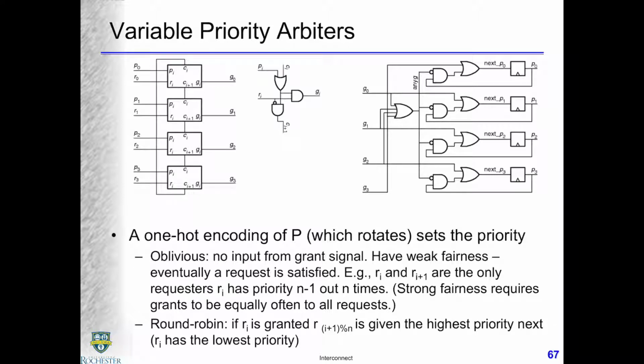Okay, you can have a variable arbiter, which is not that difficult. You basically have this general logic that gets repeated a lot. It basically has some sort of a token, if you wish, a grant signal from the previous one, that tells you you can be granted a request.